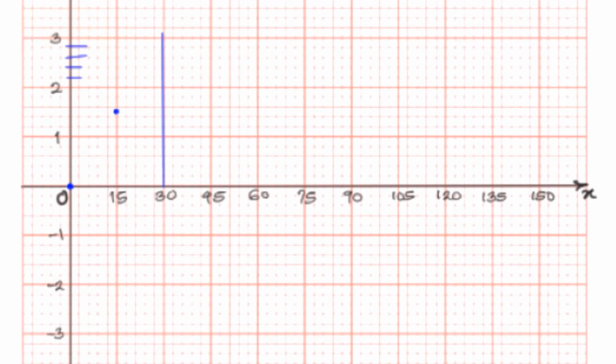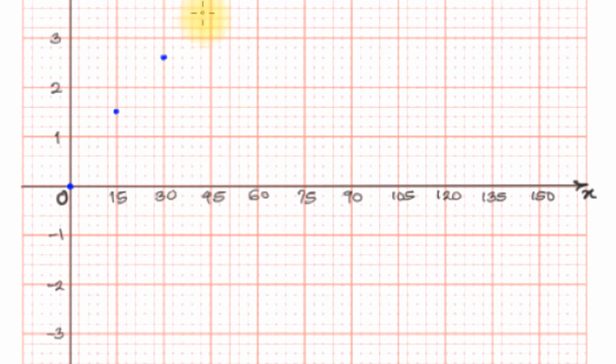I'm just having incremental values of 0.2 units. So I can easily see that 2.6 is coming somewhere here. The point of intersection here is what I need to note. That is the point of intersection for x to be 30 and y to be 2.6.